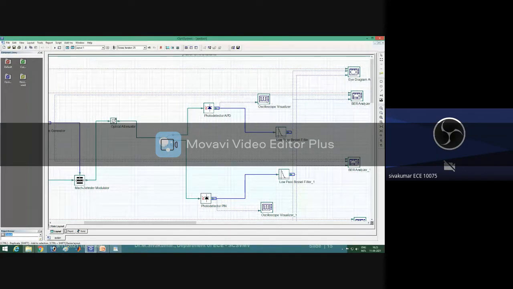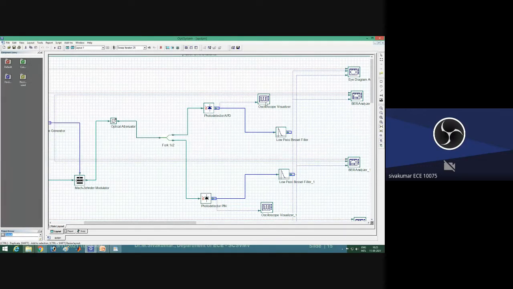For analyzing purposes, I have the output of this APD and the output of this PIN photodetector. I am using an oscilloscope viewer to see the spectrum of the optical signal. The output of each photodetector, PIN and avalanche, is connected with a low pass Bessel filter.